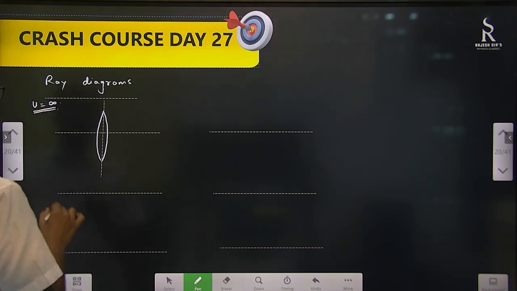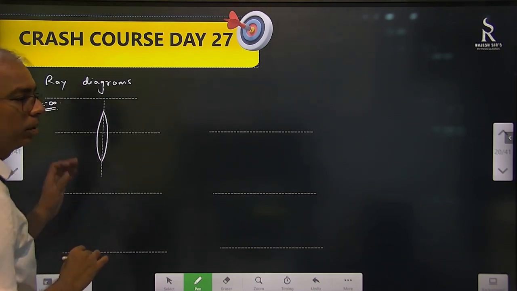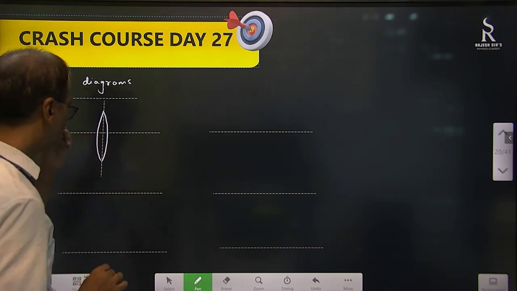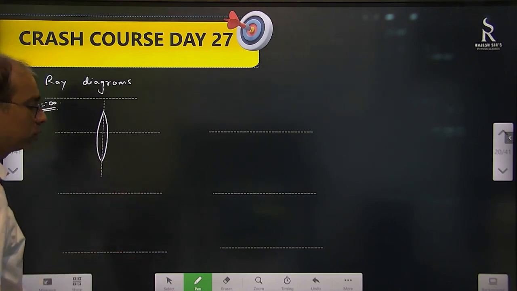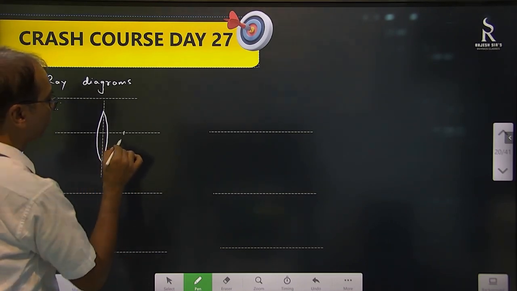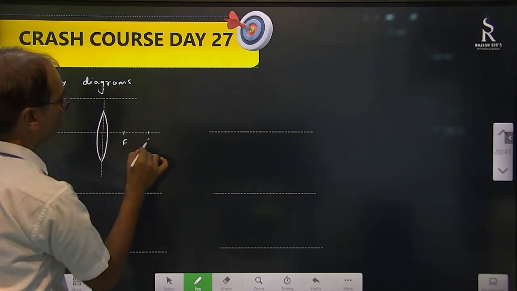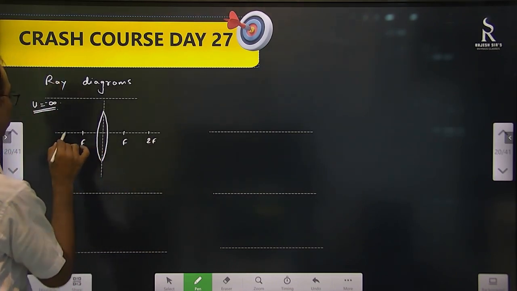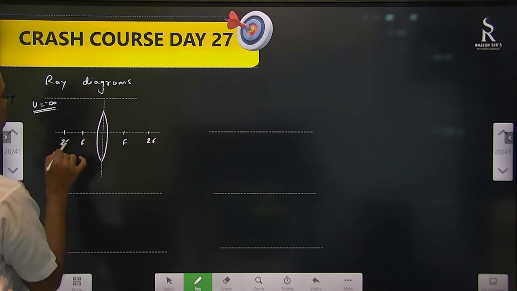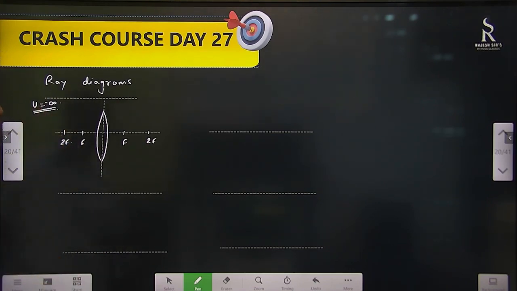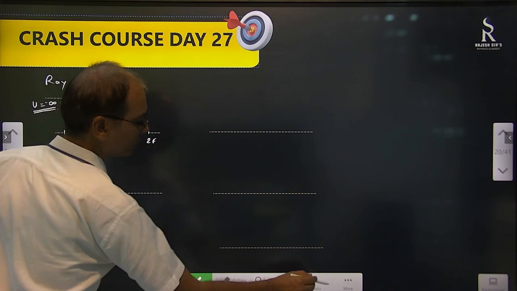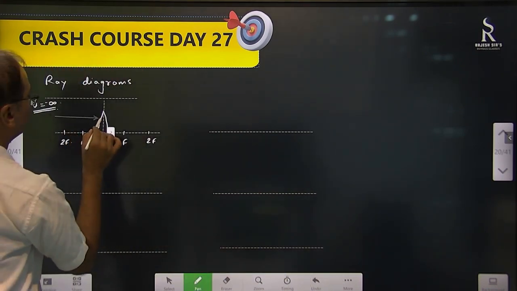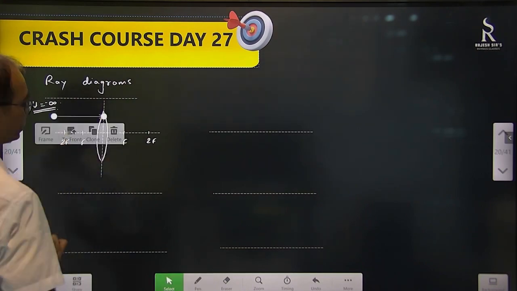So when u is minus infinity, when the object is at infinity, its image forms at focus. We know that. Which focus? Focus is on both sides. So here is f, here is 2f. Same way on the left side also focus is there, and 2f is also there. When the ray is coming from infinity, what will we say? That it's coming parallel to the principal axis, like this.